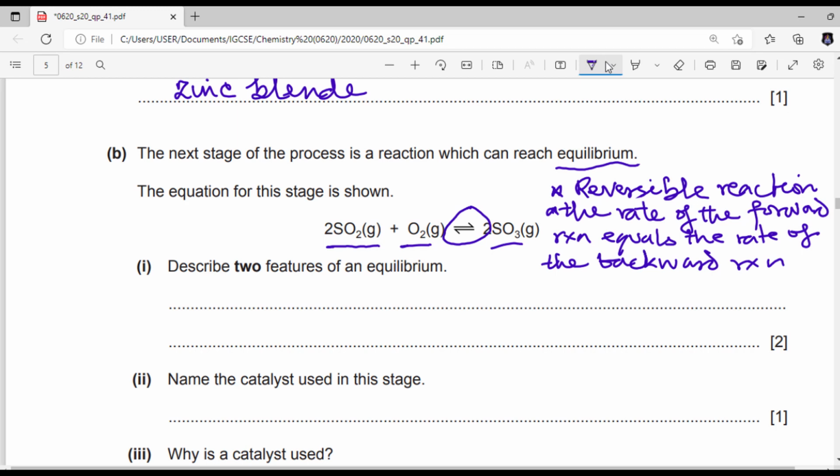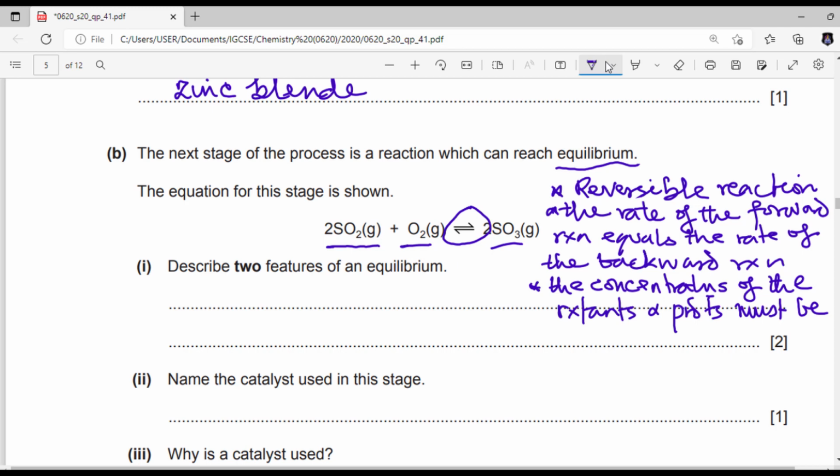Fine. Then the third one is that the concentrations of the reactants and products must be constant, and not necessarily equal.